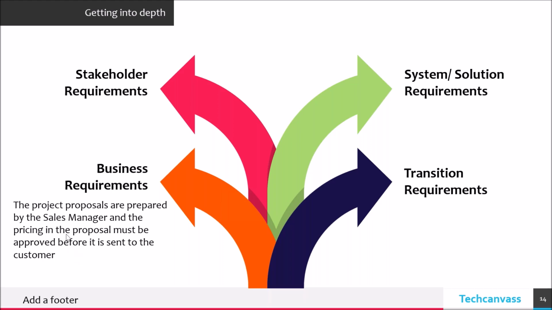So stakeholder will say that okay, I create the proposals in this way. I first create it, then I send it to the approver. Then approver has a problem. They get back to us. We modify it or correct it and then send it. That's the stakeholder version of business requirements. Then you go to the system or solution requirements by creating the prototype. Okay, so the requirements actually start by expanding the needs into a more detailed format, and then you take it further so that it becomes system or solution.